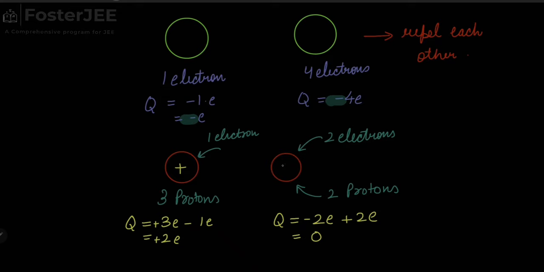So this body is neutral. Now, the question is, will they repel or attract each other? Well, since this body is neutral, there will be no effect of any other charge present nearby this body. So, they have no interaction.